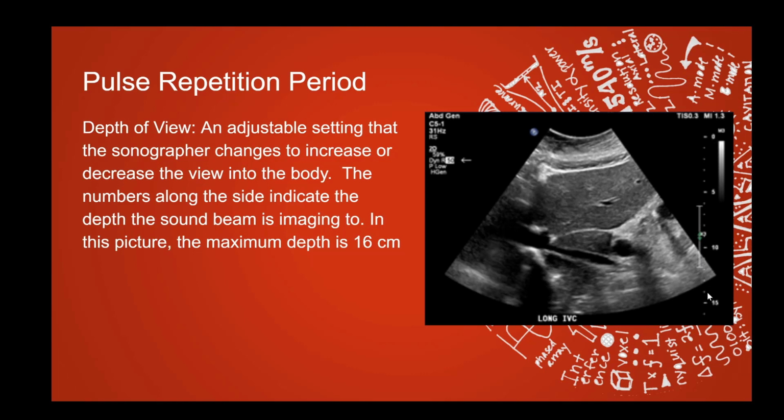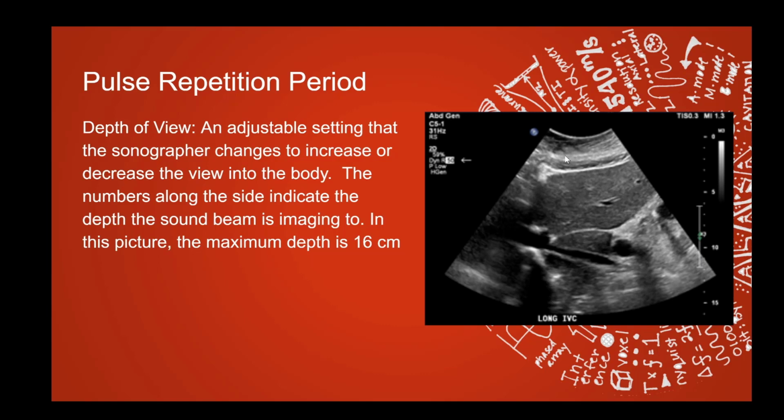This is our depth over here. And for this example, each dot here is 1 centimeter. So the depth of view on this machine is set to 16 centimeters. That's that last dot down here. So we are imaging from the transducer face 16 centimeters into the body.